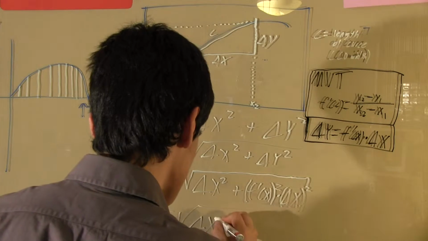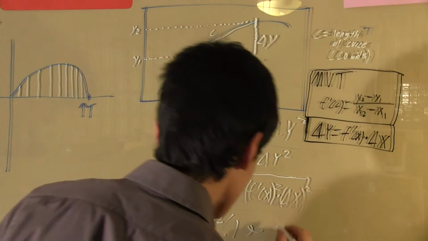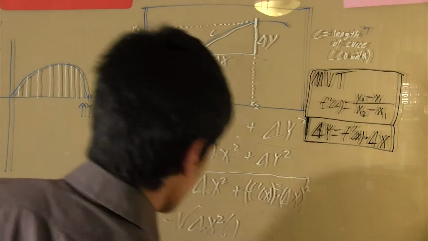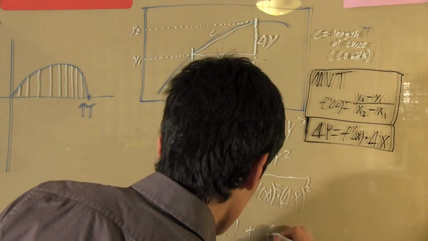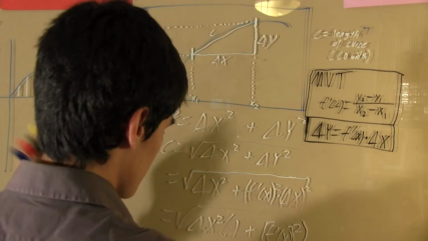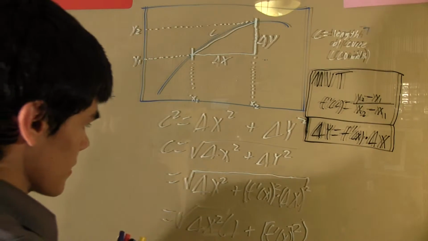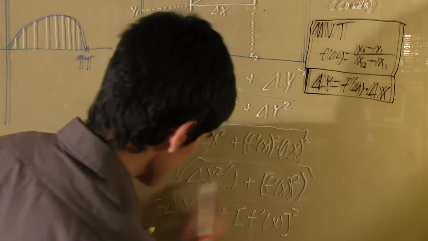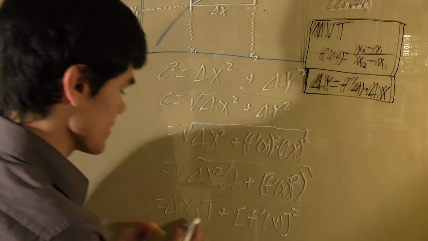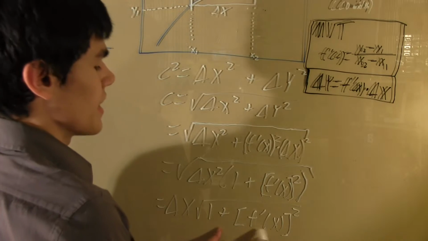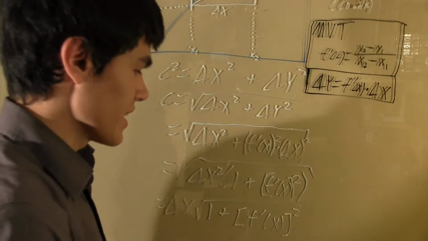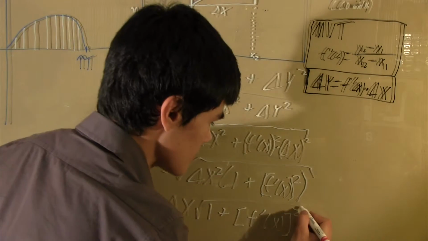We take out this delta x squared and we get 1 plus, oh, too excited. We get this 1 plus f prime of x squared. Look, since we have this delta x squared, this can actually come out of our square root. And then when we take it out, this becomes delta x times the square root of this 1 plus f prime of x squared. And that is just a beautifully simple formula.